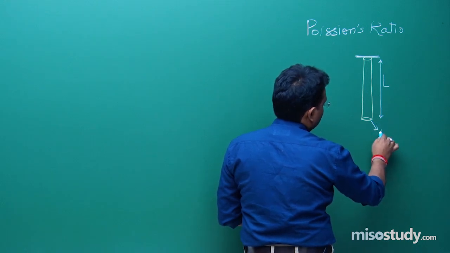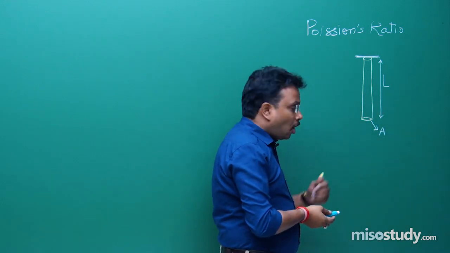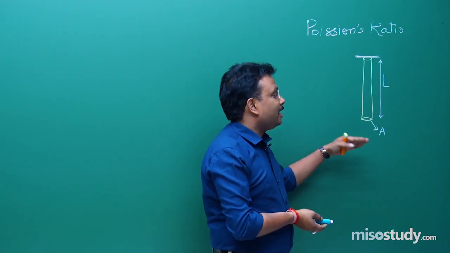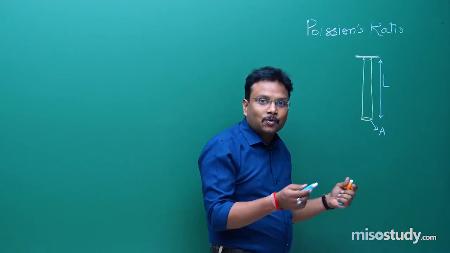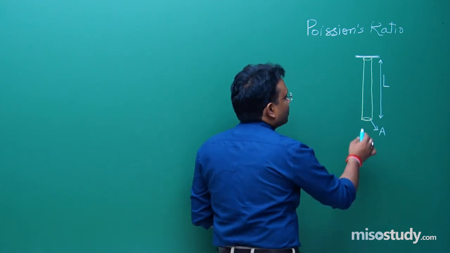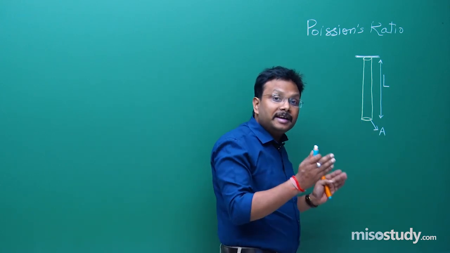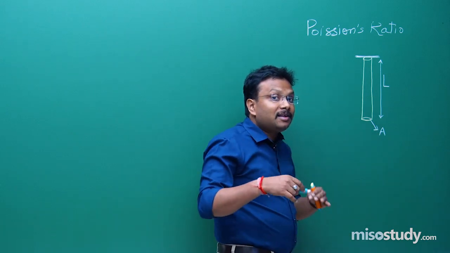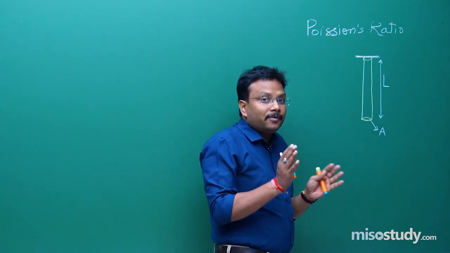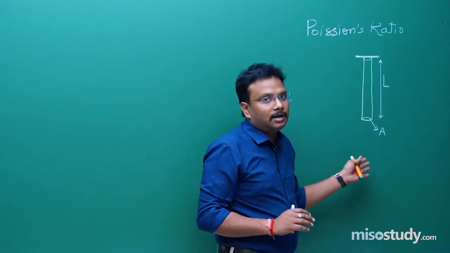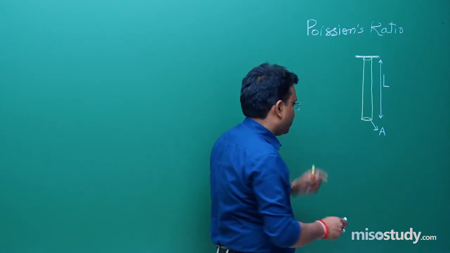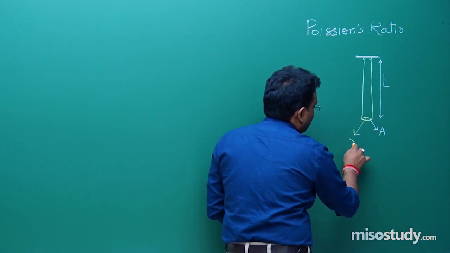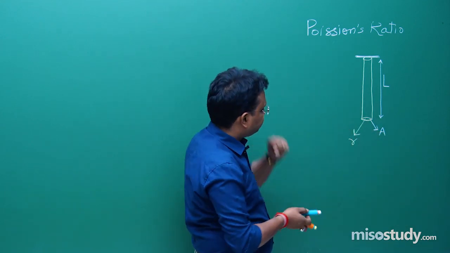The area of this circular cylindrical wire is governed by its radius. If the radius decreases or increases, accordingly the area will decrease or increase. So important is the radius.